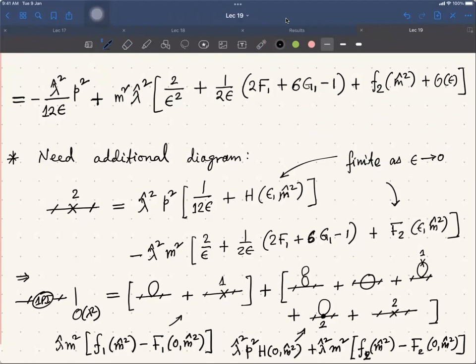All of these terms are finite. Both the order lambda and order lambda square results are finite, though there are ambiguities.